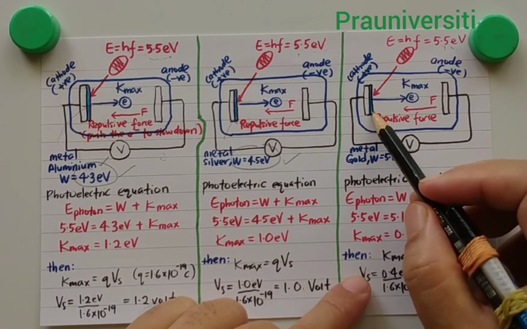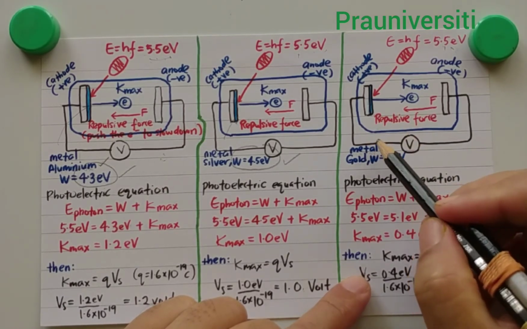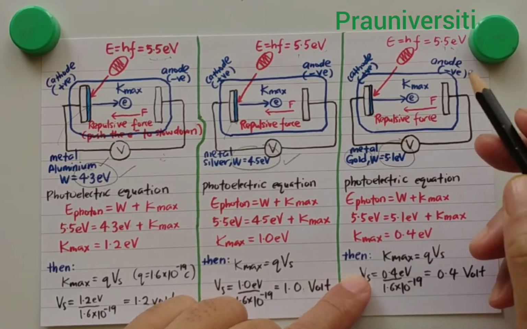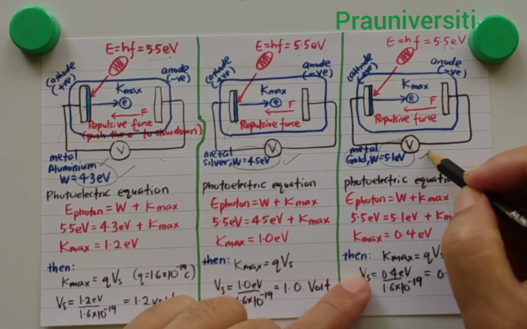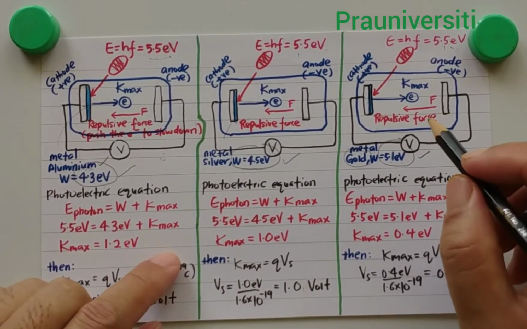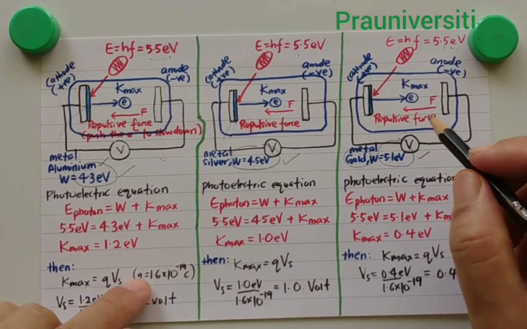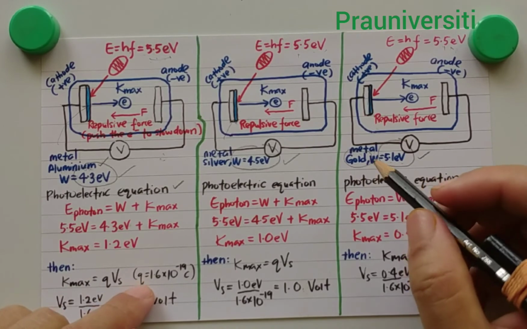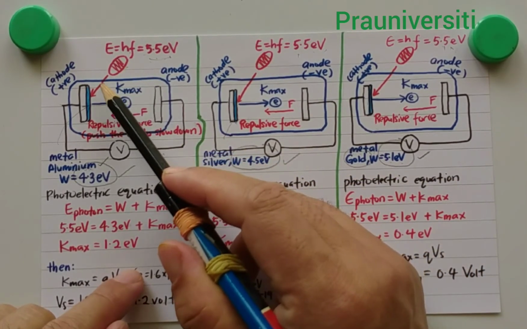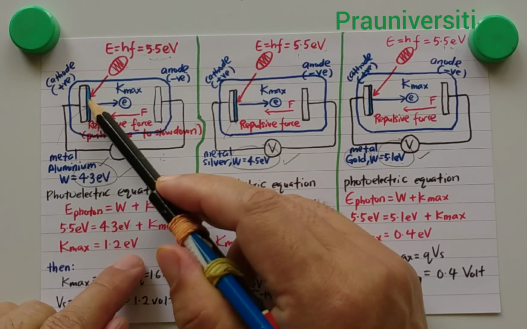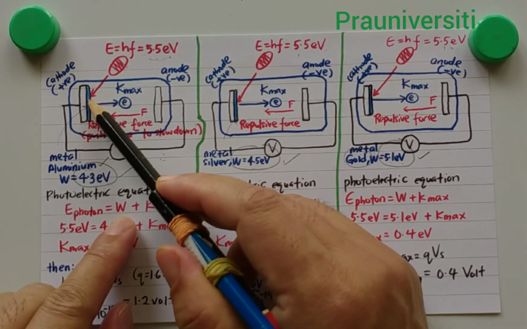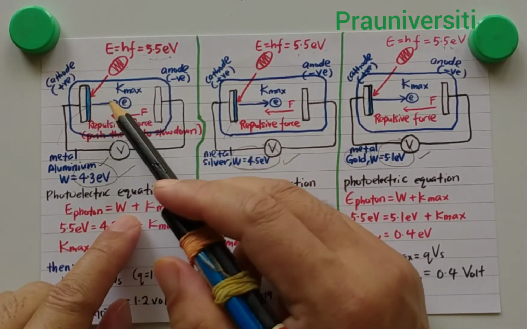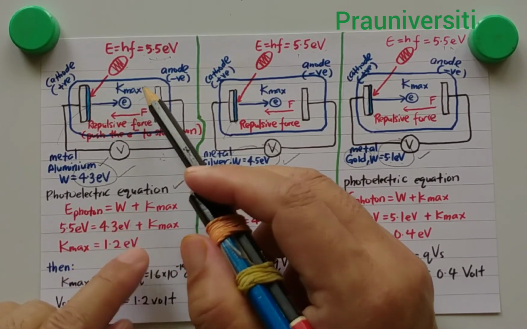For diagram number 3, we are using gold, and the work function is 5.1 electron volts. Different material means different work function. From the photoelectric equation, the energy of the photon hits the cathode, and some of the energy is given to the material to do work, and the rest is given to the electron as maximum kinetic energy.